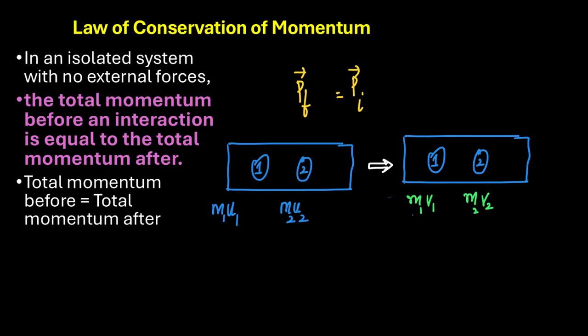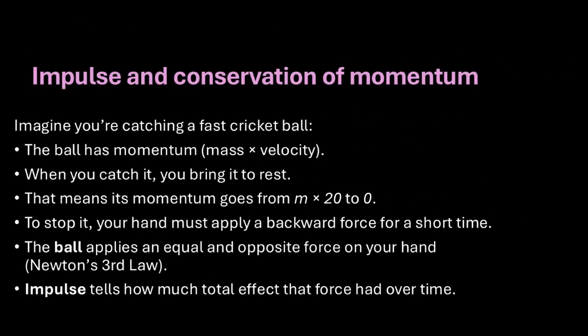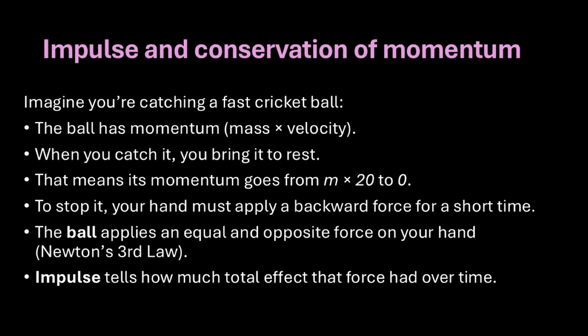Okay. Now, imagine you are catching a fast cricket ball as given in the problem here. The ball has some momentum. When you catch it, you bring it to rest, which means the velocity is eventually reduced to 0.